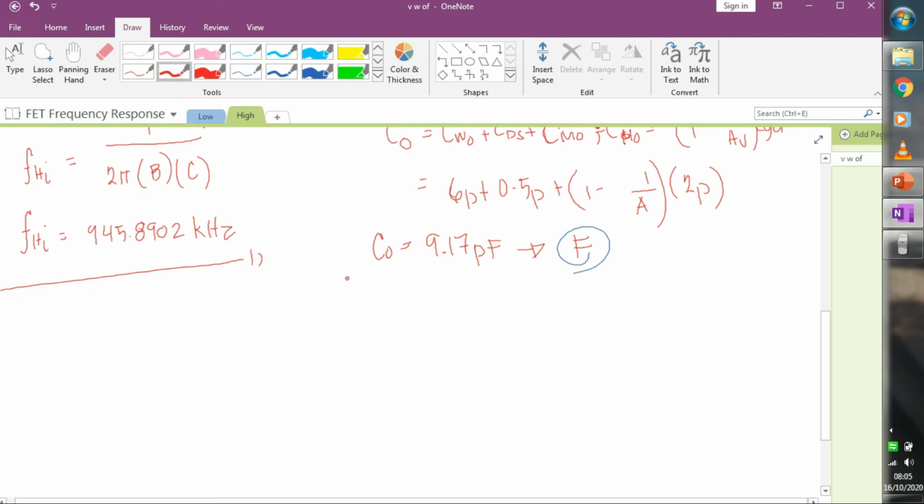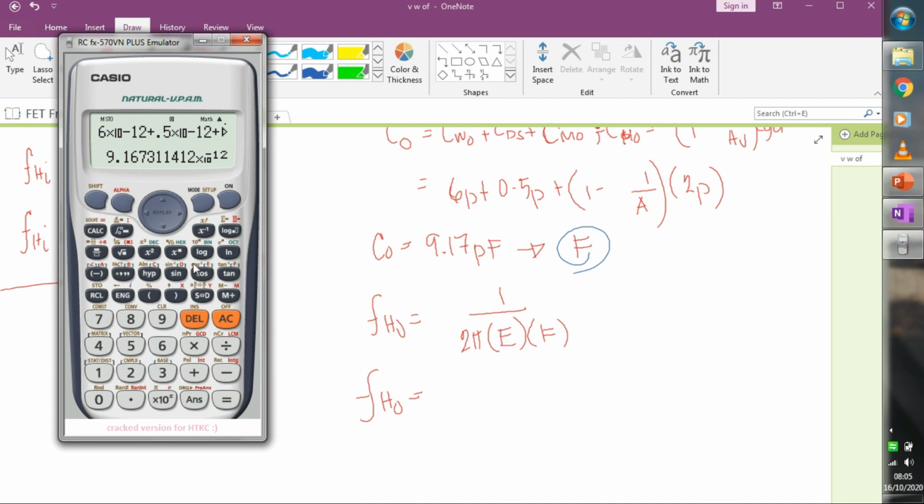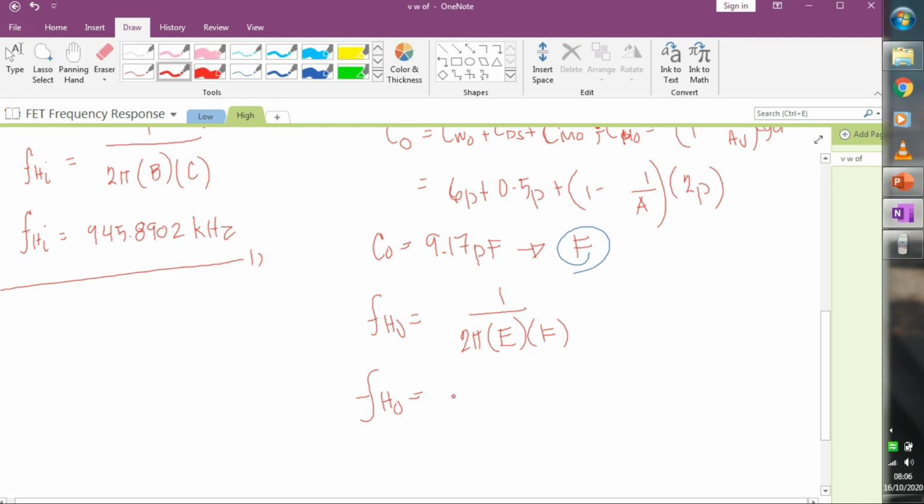So, FHO is equal to 1 over 2 pi RTHO na constant na kay variable E times CO na kay variable F. So, FHO is equal to 2 pi times E F. So, equal to 11.5853 megahertz.